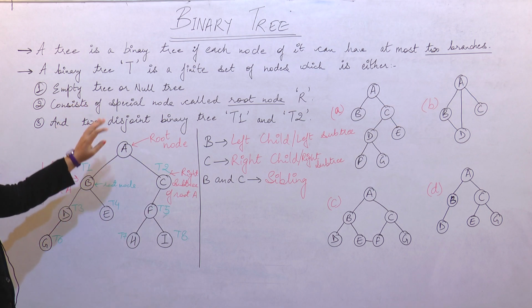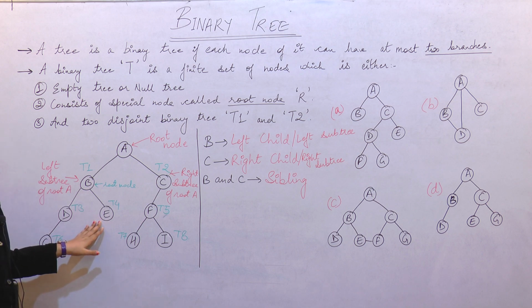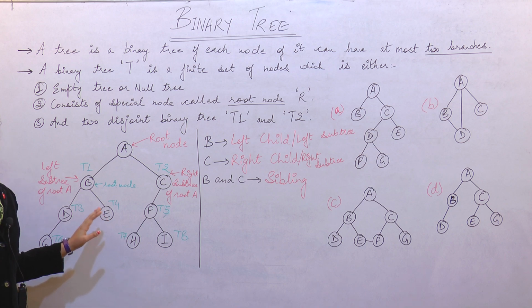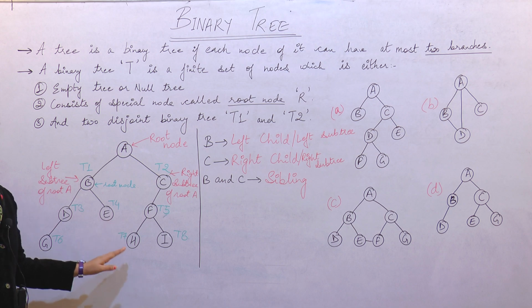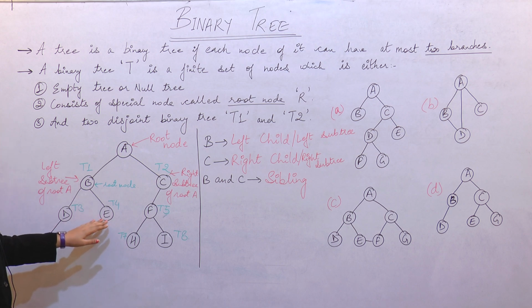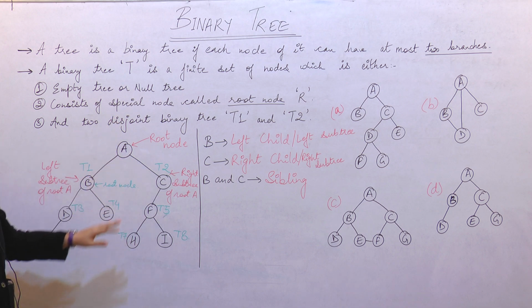So empty tree or null tree means here we are having this node E. Now this node E does not have any subtree. Any subtree means no left subtree and no right subtree. So here node E, or disjoint binary tree T4, becomes our empty tree or null tree.